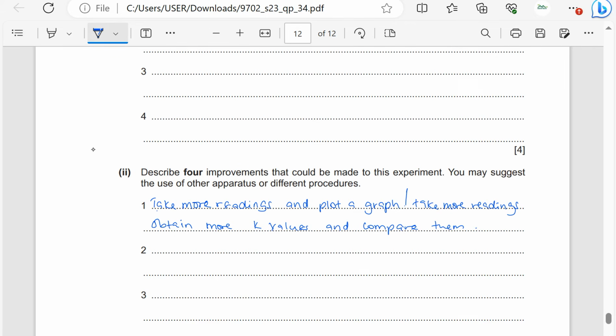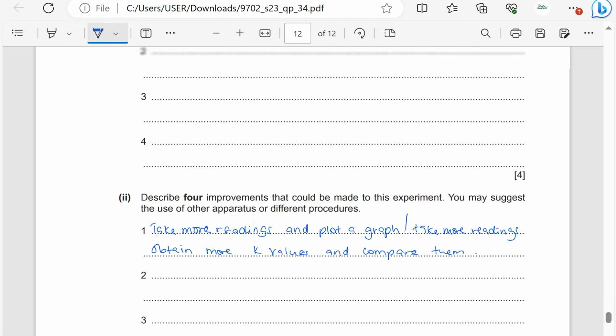So take more readings, obtain more K values, and compare them. That's how we answer that part of the limitation.